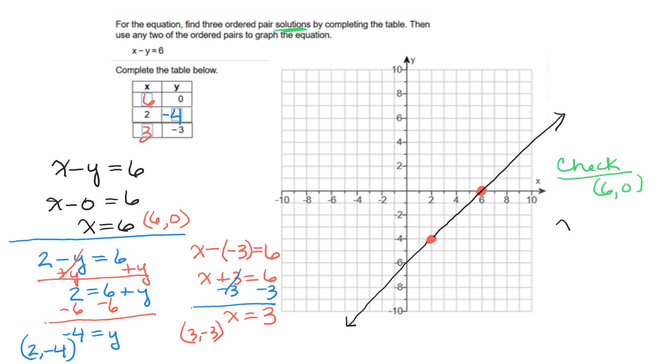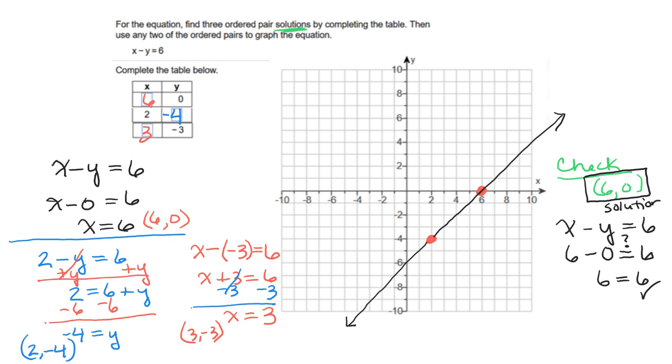So what we do is we take our original equation, x minus y is equal to 6, and we substitute in our values. So we have x is 6 minus y is 0, and then there's a question mark right here. Does the left side equal the right side? And if it does, it checks out, and then this 6, 0 is called a solution of the equation.